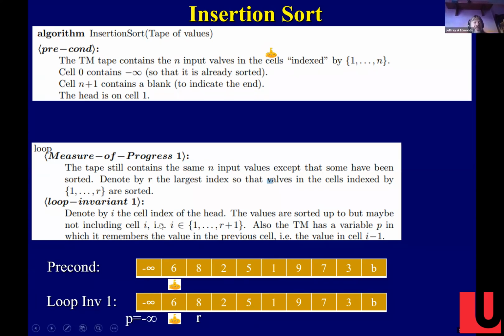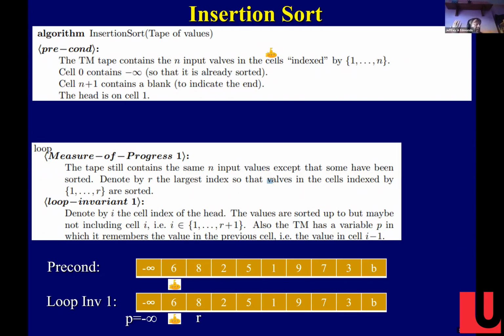Oh, there's another thing I forgot to add about the loop invariant. The Turing machine can't remember the value R, right? Because R is a number between 1 and n. But we've stated somewhere that the range of the values in the cells are between 1 and d. So we can store in our states the numbers 1 through d.